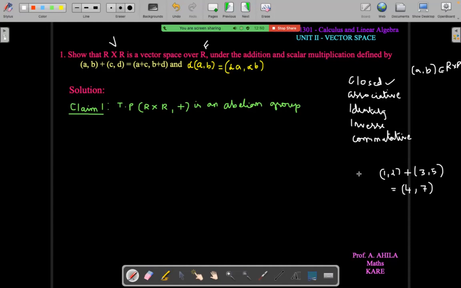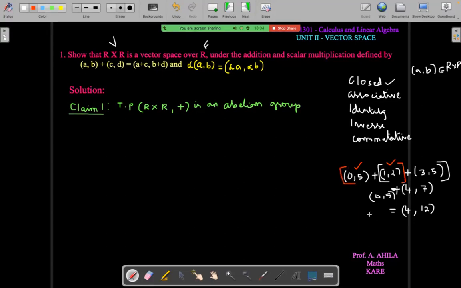Similarly, associative. If you add another element (0, 5) with this combination, we add these 2 and with this we add (0, 5). This sum is (4, 7). So we get 0 plus 4 which is 4, and 5 plus 7 is 12. Now suppose we add (0, 5) and (1, 2) first.